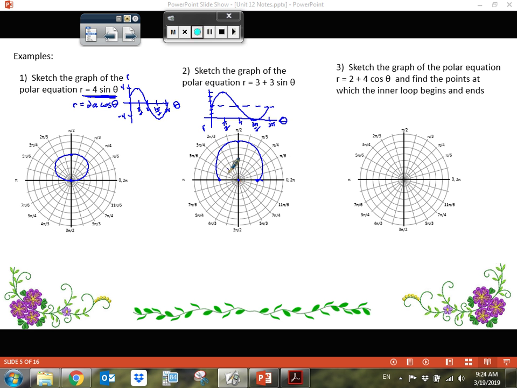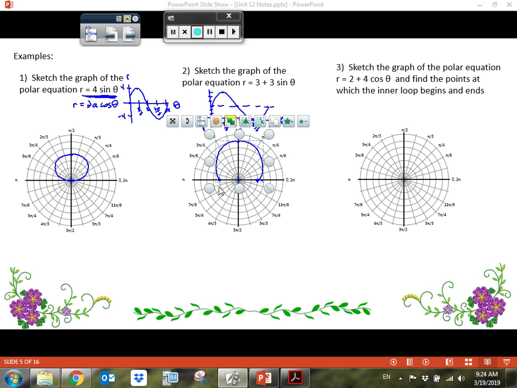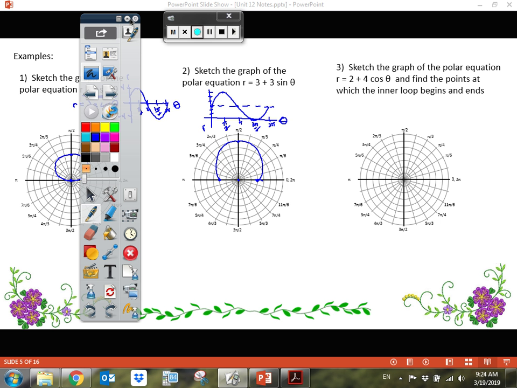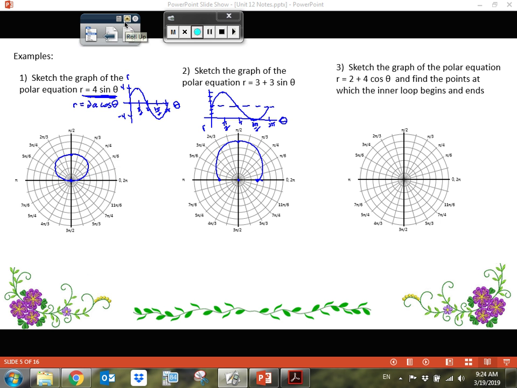Hopefully we understand this isn't going to be straight across, right? So what's happening here? My r value is going from a 3 to a 2 to a 1 to a 0. So it's basically going like this.